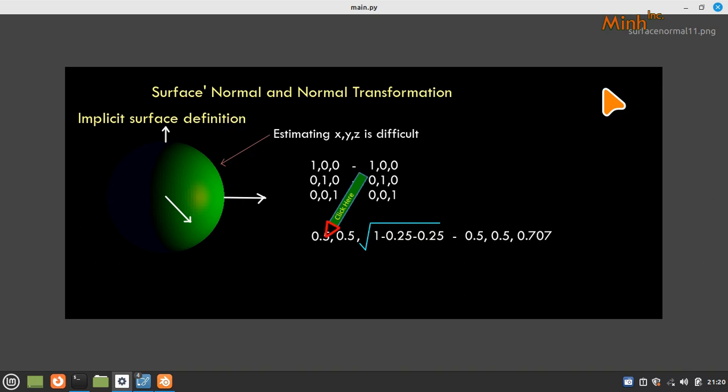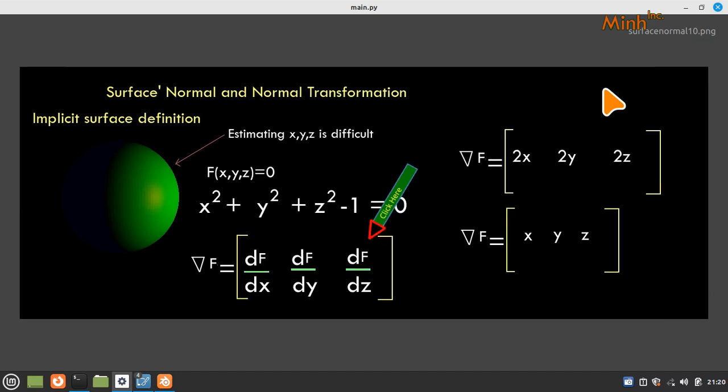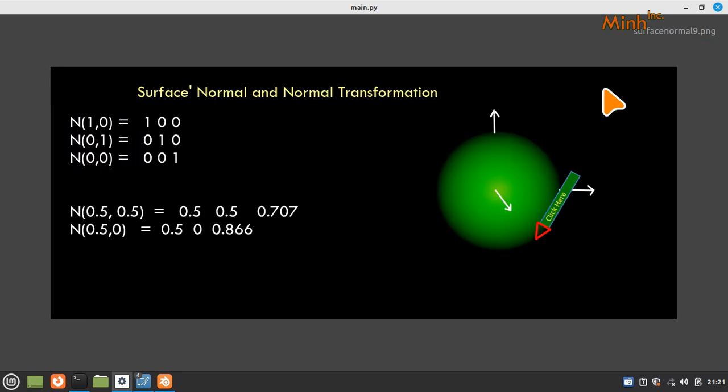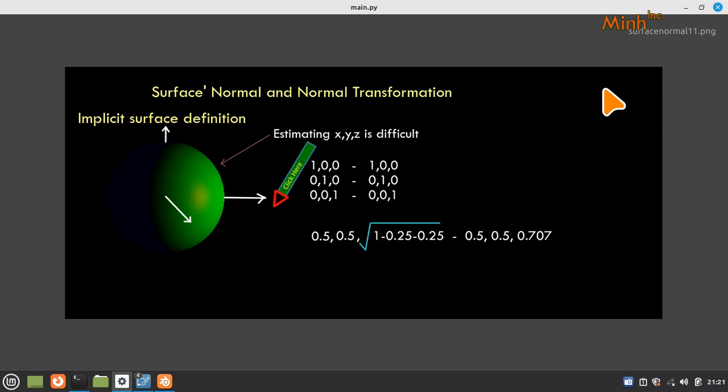Now if x is 0.5, y is 0.5, what will be z? So that we have to calculate based upon this formula. And then at that point, the normal would be 0.5, 0.5 and this leads to 0.707. So it is exactly like this. So this is the way we calculate the polynomial analytical surface normal.